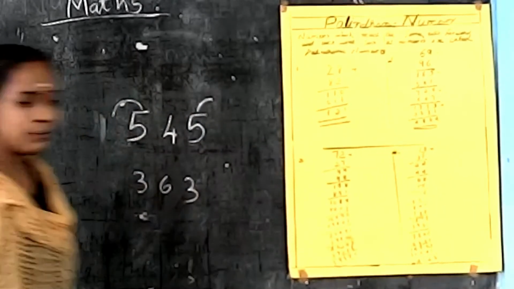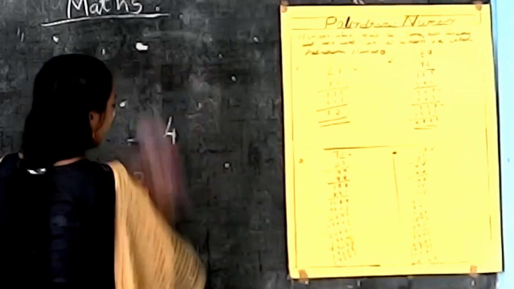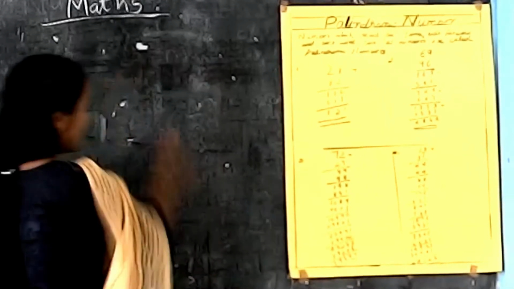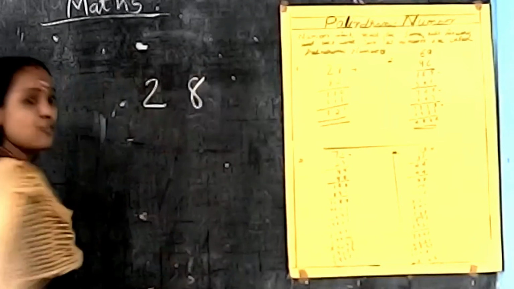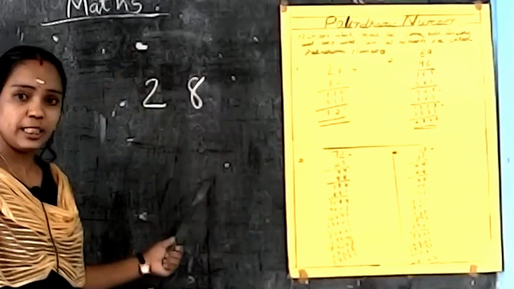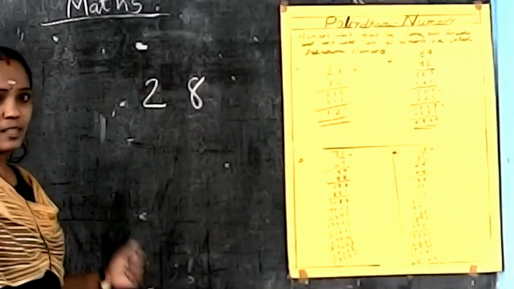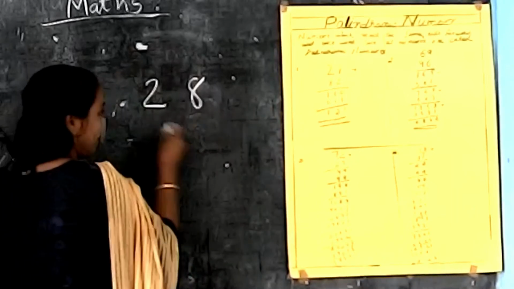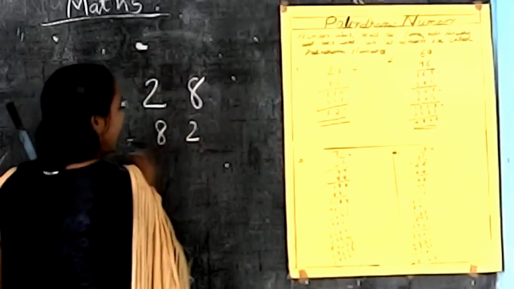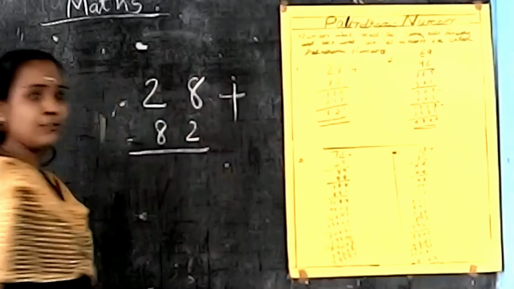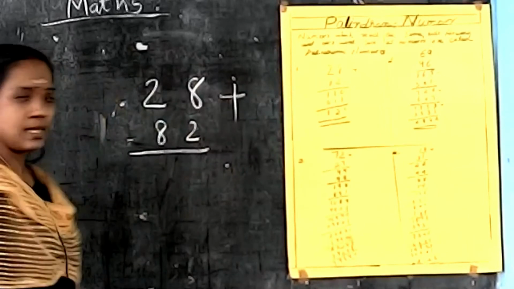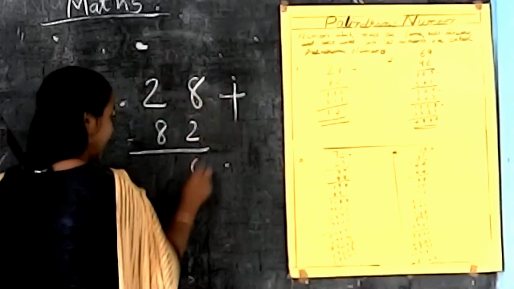How did we find 121? The first number is 28. Just reverse it. What is the reverse form? 82. And find the sum of these numbers. What is the answer? 8 plus 2, 10.